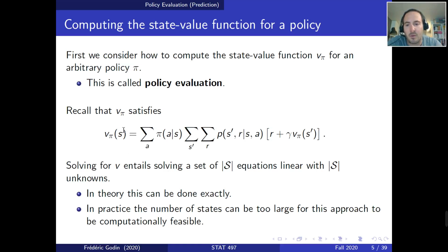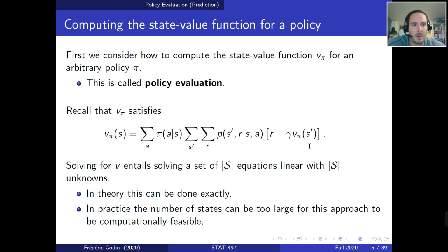For a given state s, v pi of s could be expressed as some summation of some probability terms times the reward plus gamma times the value function v pi also. So v pi can be expressed as a weighted sum of v pi's in other successive states, or successor states.